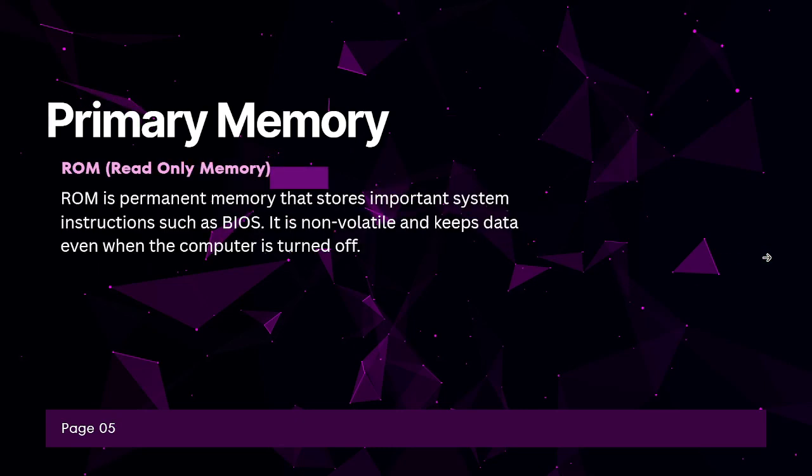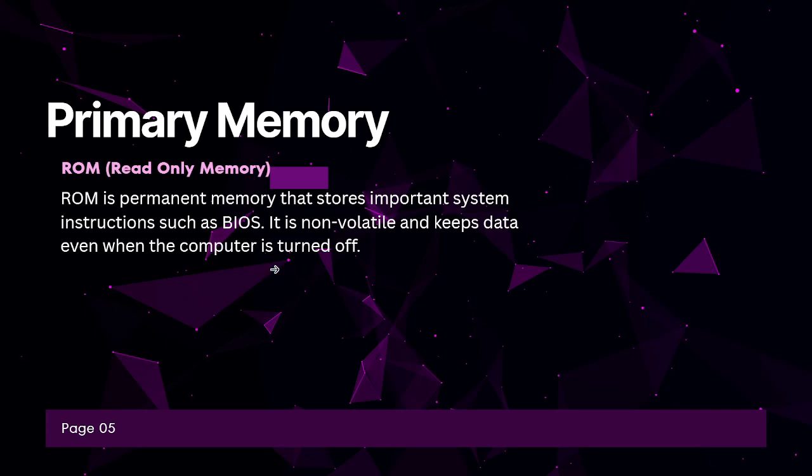Here next we have the ROM. So ROM is read-only memory. ROM is permanent memory that stores important system instructions such as BIOS, and it's non-volatile and keeps data even when the computer is turned off.